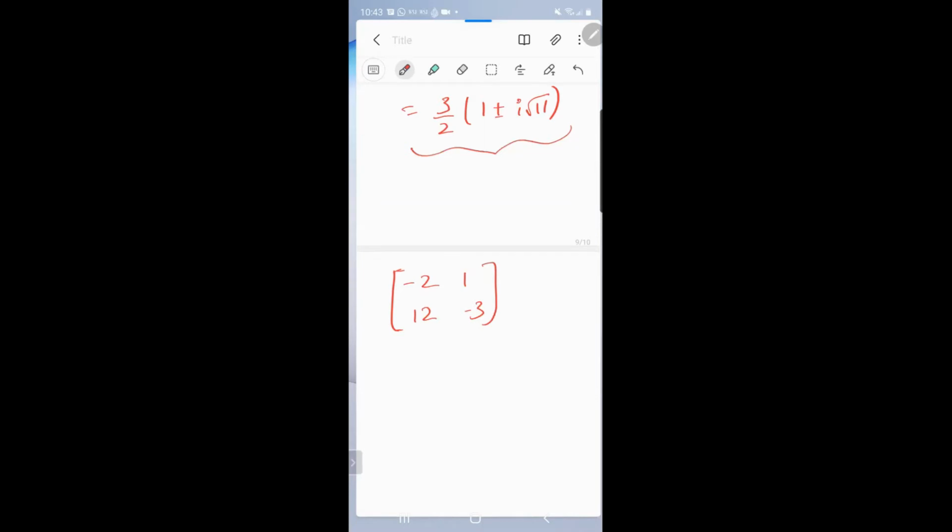So how do you do that? We're trying to find out what the eigenvectors or eigenvalues are first. What does that mean? What does eigenvector mean?